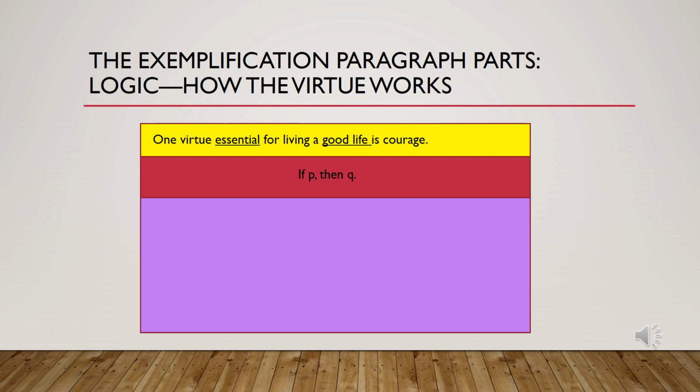You can use this in all of your paragraphs, but I'm going to show you how I'm using it in this paragraph about courage. So as you can see, very simply, if a person has courage, then she can overcome fear in order to obtain a goal.